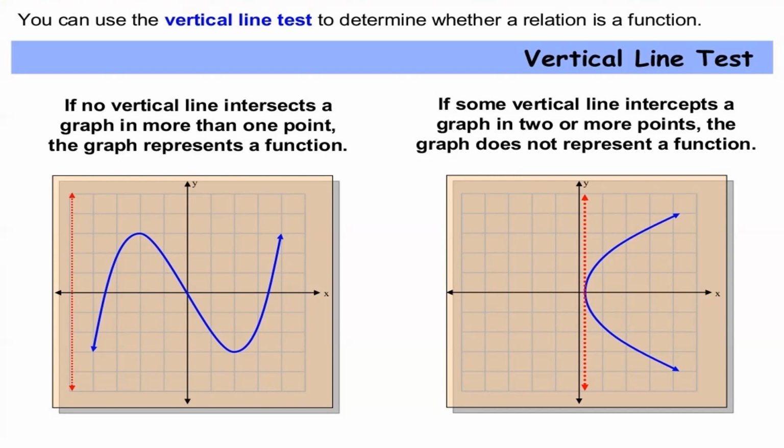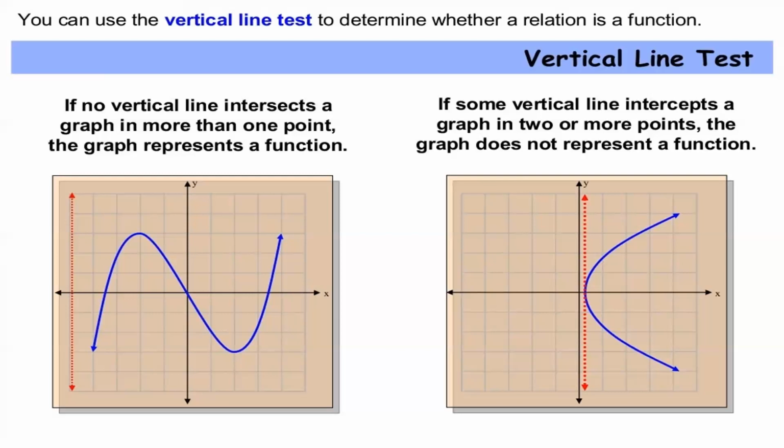Now let's proceed to the vertical line test. This is also another way to identify if a given relation is a function or not, and it is used if the given is already in graph form. It is no longer ordered pairs, it is a graph.